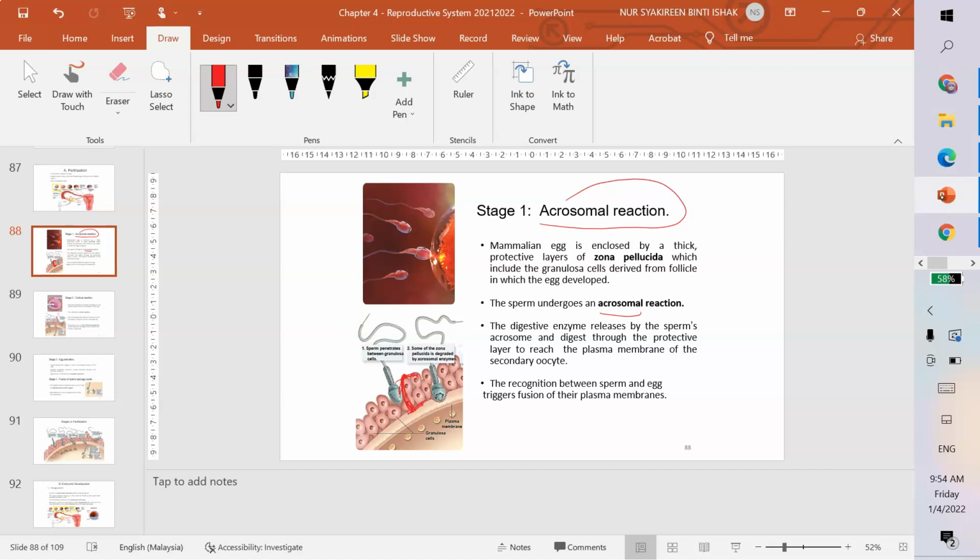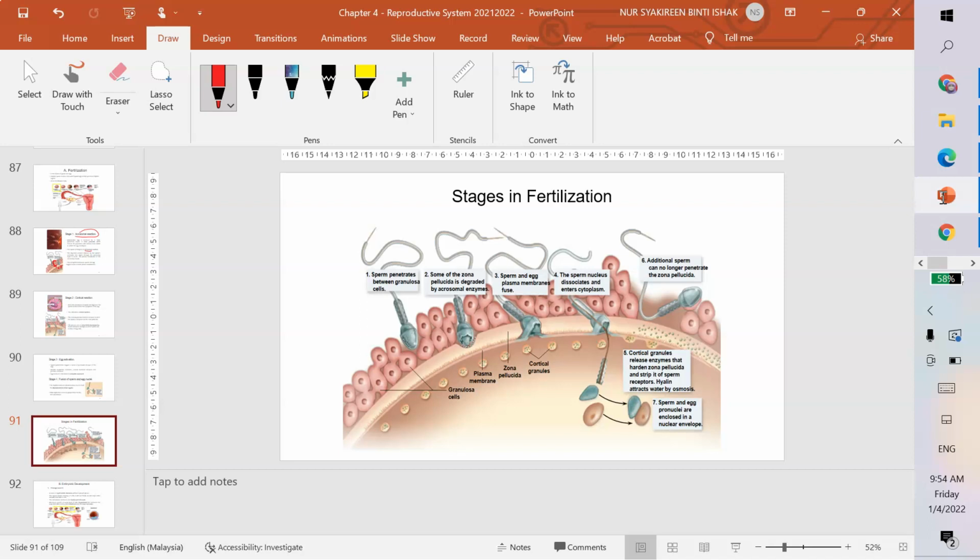Bawah granulosa cell kita ada zona lucida, and then bawah tu baru ada plasma membrane of secondary oocyte. Bawah plasma membrane akan ada sejenis vesicle yang nama dia cortical granules.